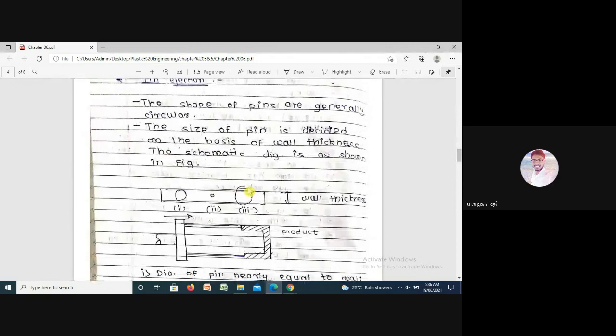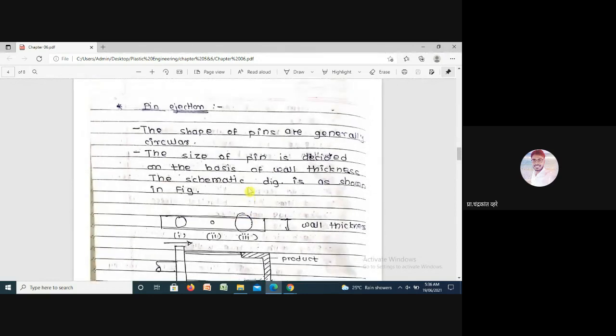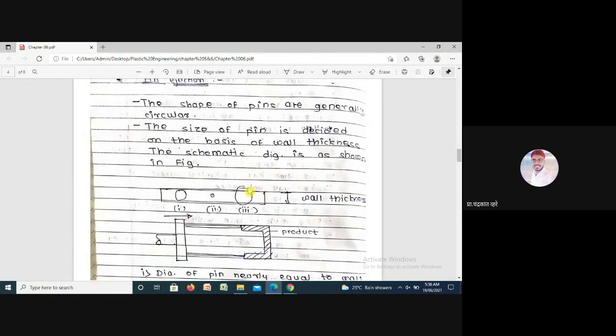Just observe this diagram of the pin ejection. This is a product, and this is the wall thickness of this product.